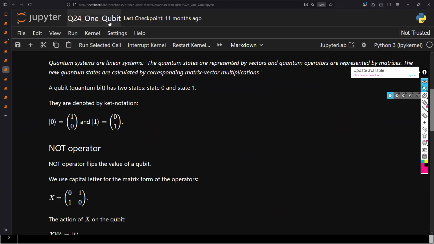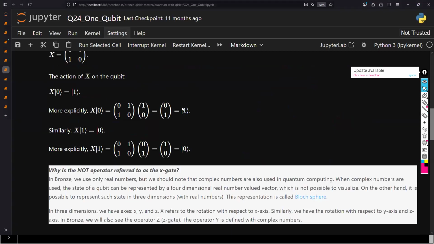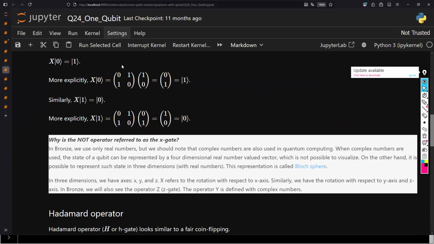So here in Q24 with 1 qubit, what we apply is the transition matrix, our first one. We already talked about this one, and this one is the X gate or NOT operator.